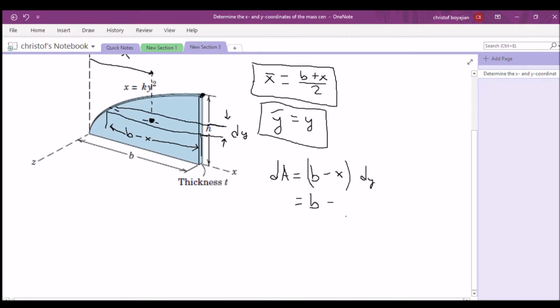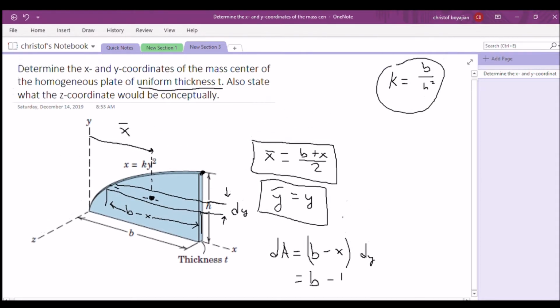So it's going to be b minus b over h squared times y squared. I simply replaced k with b over h squared, and y squared is still the same. Now, this is all going to be multiplied by dy. All right.